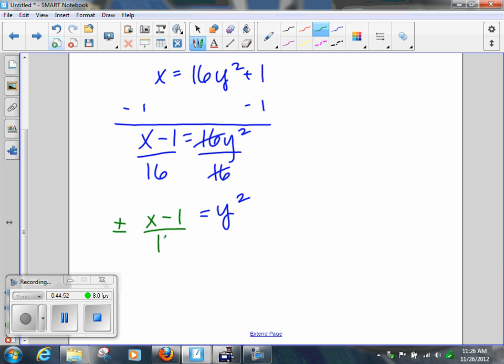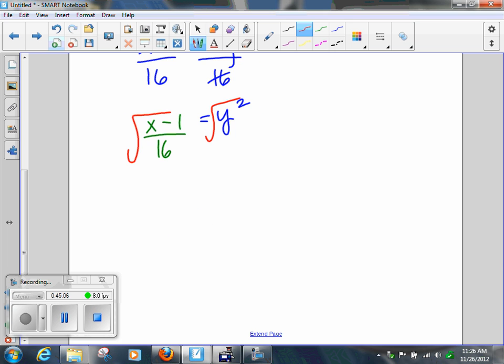In a minute we do. Why in a minute? Because I have to take the square root of both sides to solve for y. And now's when I have to be mindful of that plus minus. Split your numerator over your denominator.